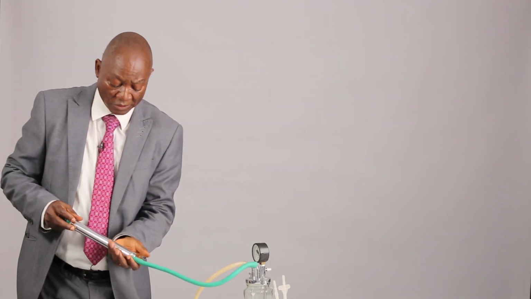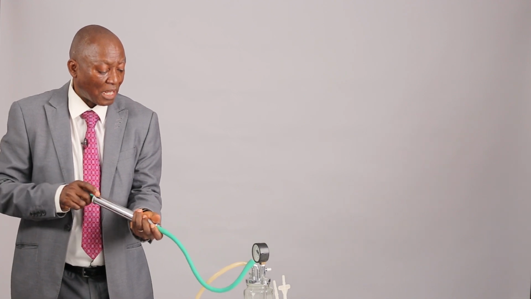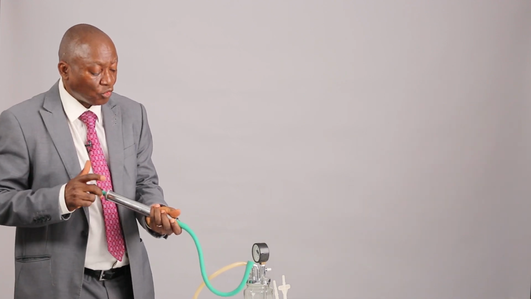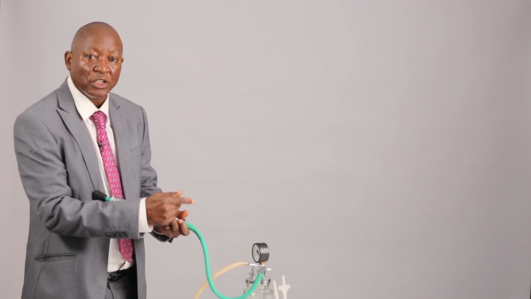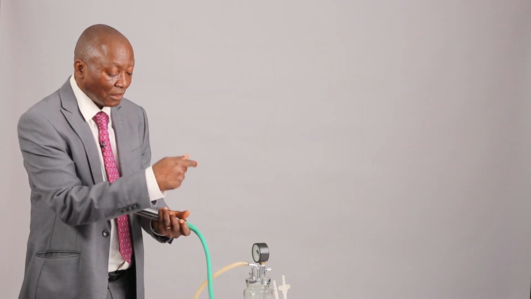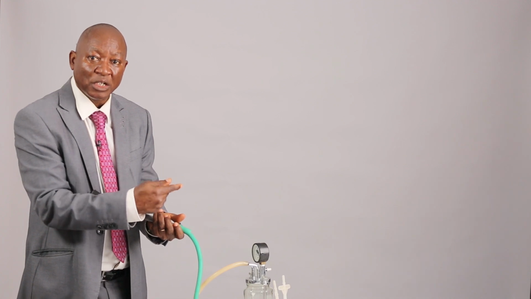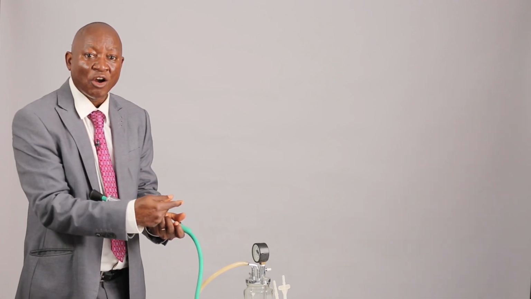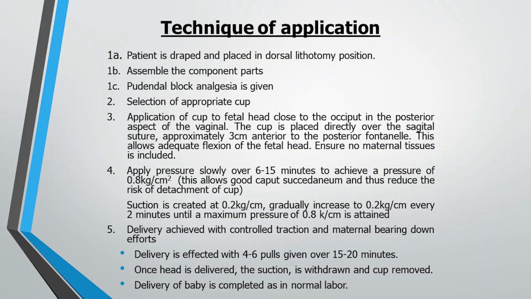You pump, you pump, you pump, creating a pressure of 0.2 kilogram per square centimeter every 2 minutes, until you get to a maximum of 0.8 kilogram per square centimeter.